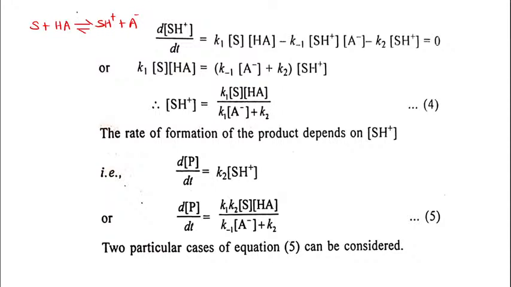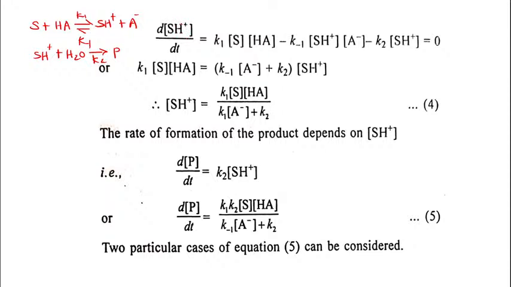K1 is the rate constant for the formation of the intermediate and K-1 is the rate constant for the reverse process, conversion of the intermediate into the reactant. Now in the second step, the intermediate undergoes hydrolysis, so there is a formation of the product. K2 is the rate constant here.